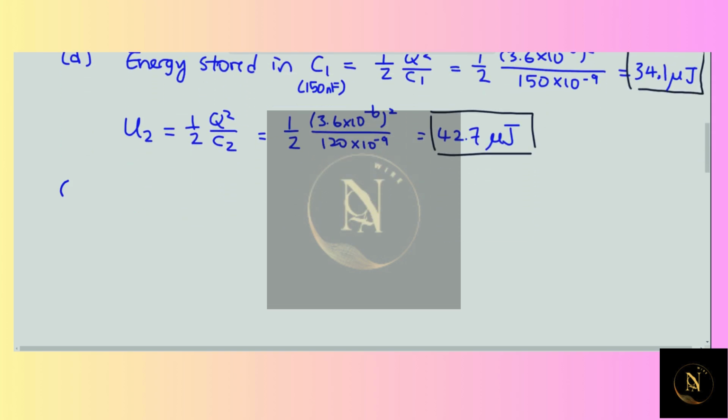In part E, we want to find the potential difference across each capacitor. We'll be using the formula Q equals CV. So V1 is Q over C1. This is for the 150 nanofarad capacitor.